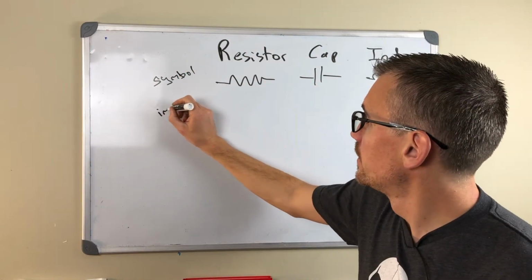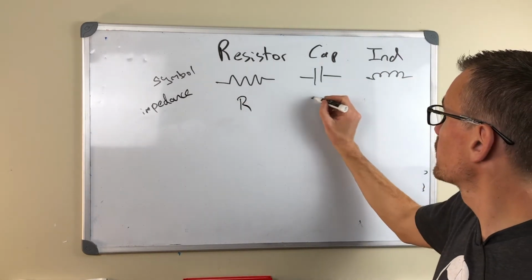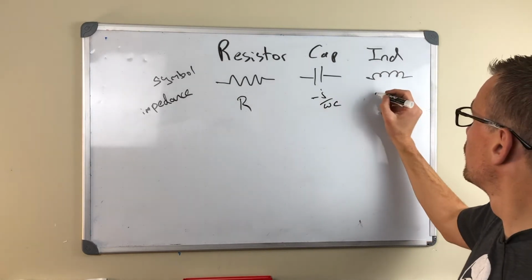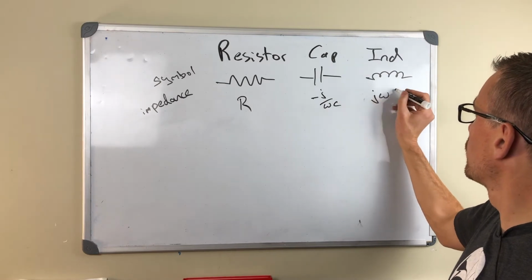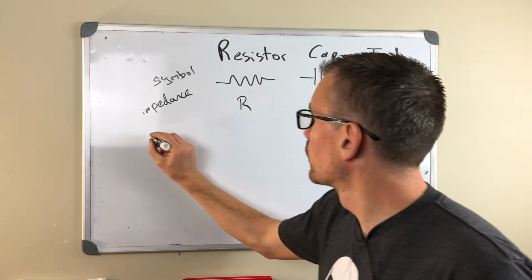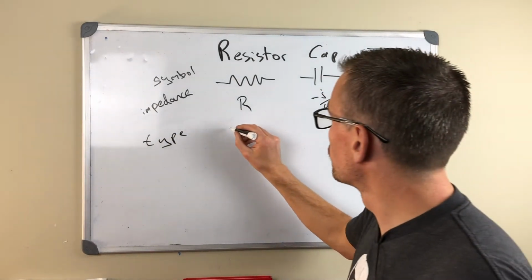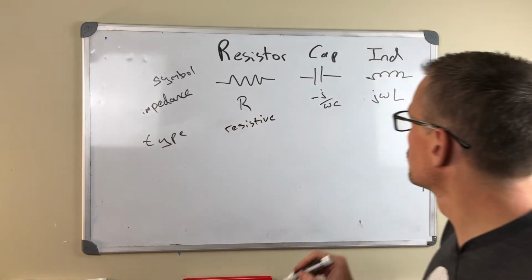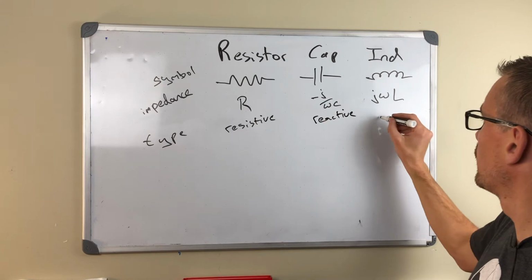The impedance was R for resistor. It was real. For capacitor it's minus j over omega C. And inductor was j omega L. So the type of impedance was resistive, reactive, and reactive.